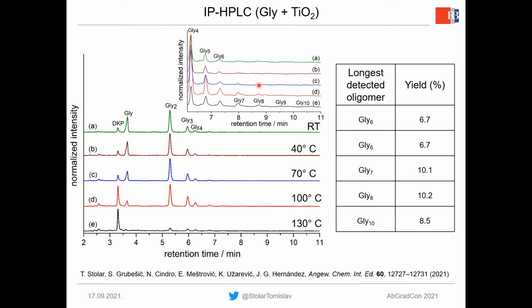This is happening together with the formation of higher amounts of diketopiperazine, a cyclic glycine dimer that is sometimes regarded as a dead end for prebiotic peptide synthesis. The total yield of all linear oligomers was highest when the reaction was carried out at 100 degrees Celsius and accounted for 10%.